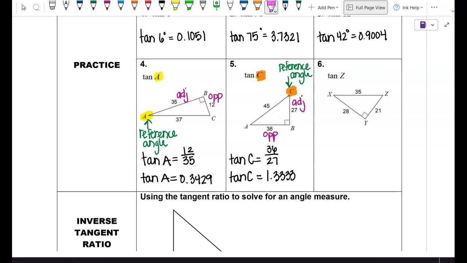Number 6, the tangent of Z. So again, Z is my reference angle. So across from it is the 28, that becomes my opposite. Next to it is the 21, that becomes my adjacent. So the tangent of Z equals 28 divided by 21.